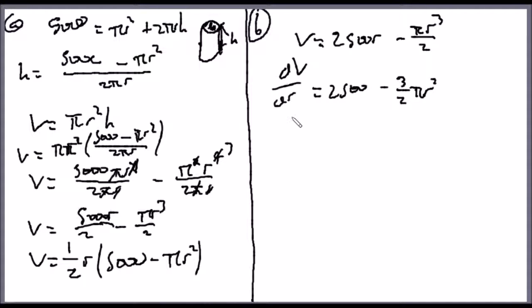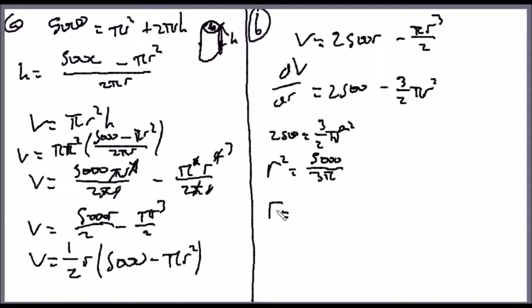Now, at a maximum value, dv by dr equals 0. So 2,500 equals 3 halves pi r squared. So r squared equals 5,000 over 3. Actually, 5,000 over 3 pi.